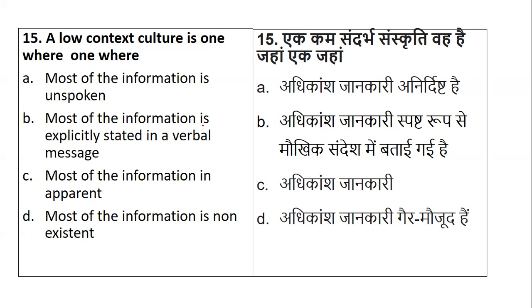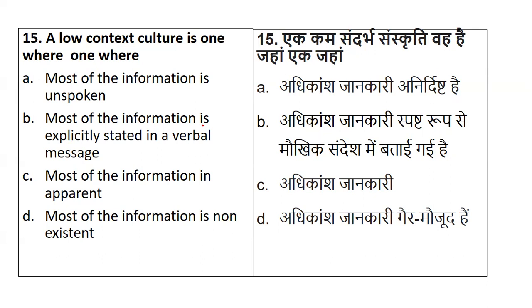A low context culture is something where most of the information is unspoken, explicitly stated, apparent, or non-existent. Unless you understand the concept of low context or high context, you will not be able to answer this.